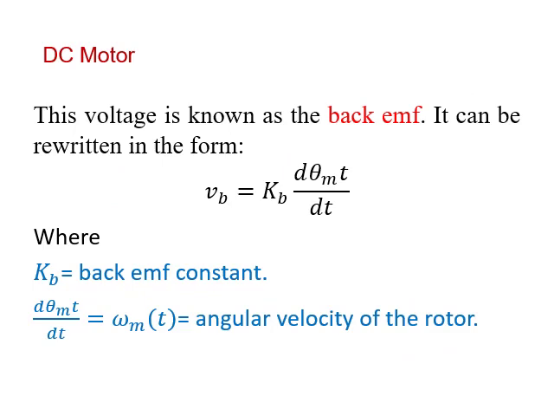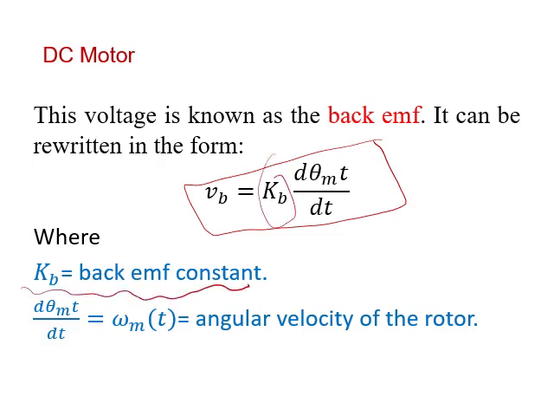The voltage I discussed earlier called back EMF. So the back EMF by equation can be written as seen here in this equation, where VB is equal to KB into d theta by dt. Now, what is KB? KB called back EMF constant, and d theta by dt is equal to omega m, or the angular velocity of the rotor.